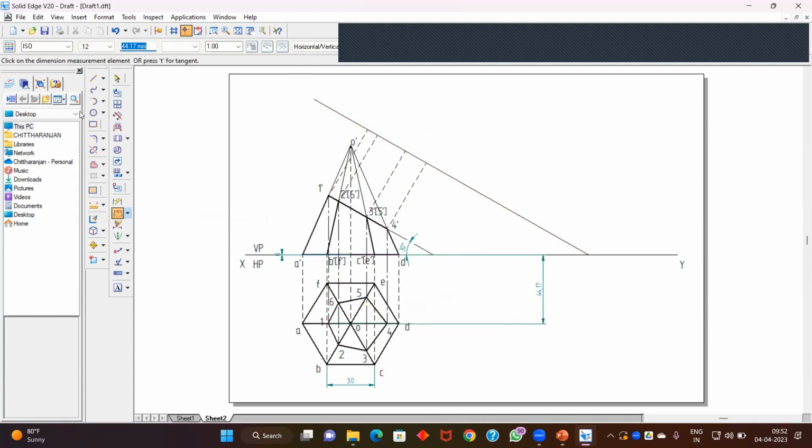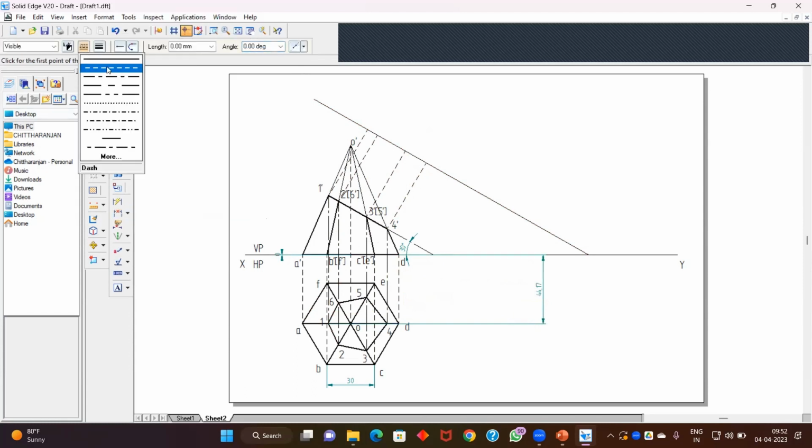It is 44.17. So draw the lines, 44.17 with the 60-degree.